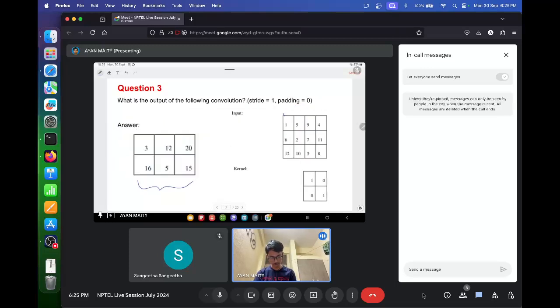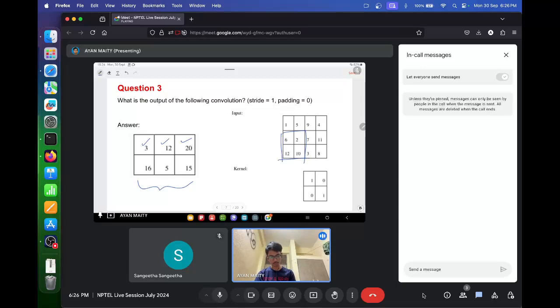So the first 2 by 2 matrix and the kernel, pointwise multiplication of these two matrices and sum gives us 3, and then when we slide this to the next 2 by 2 matrix, the pointwise multiplication and the sum gives us 12, similarly then 20, and then for the next row this 6 2 12 10.